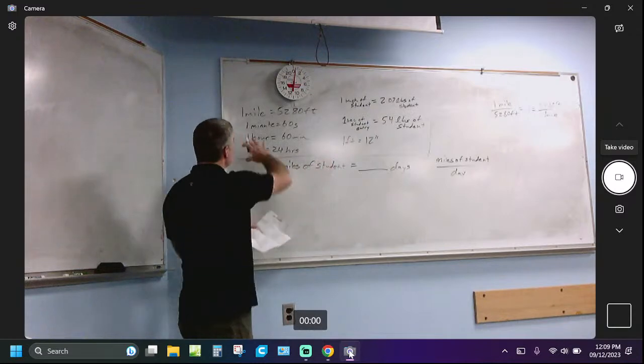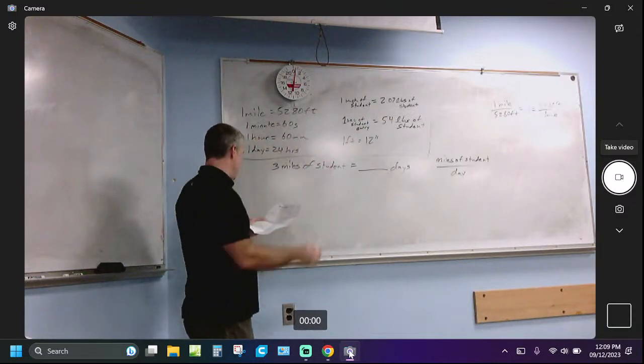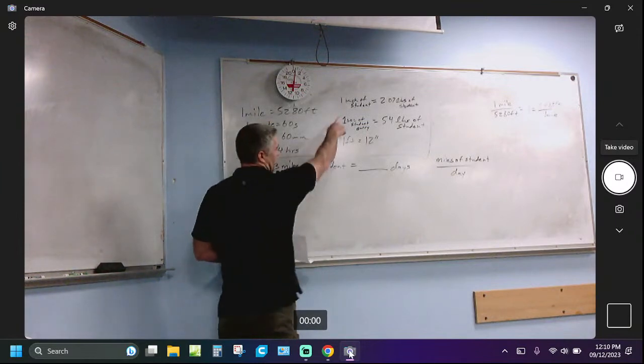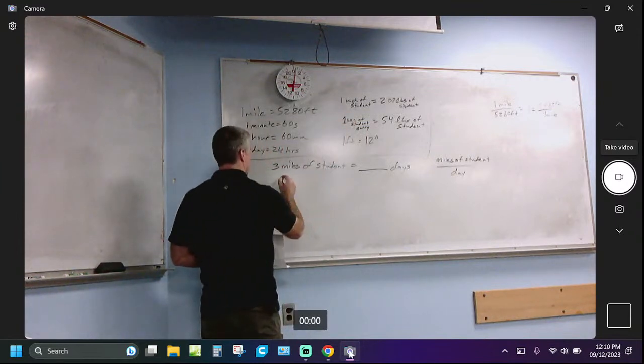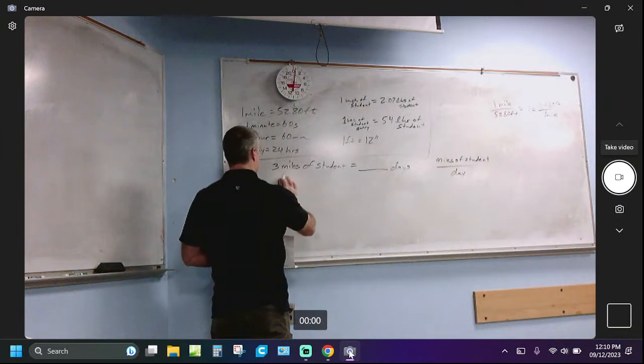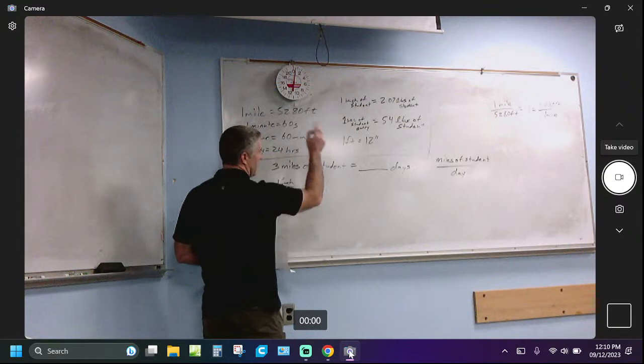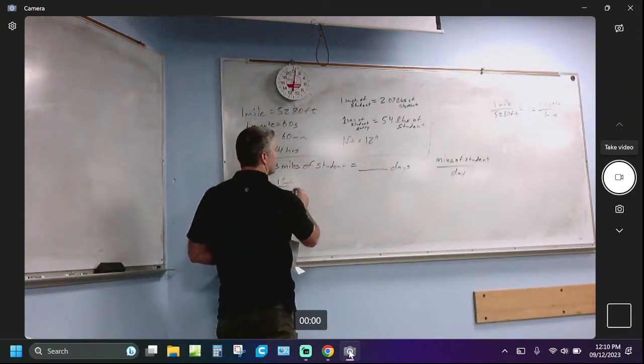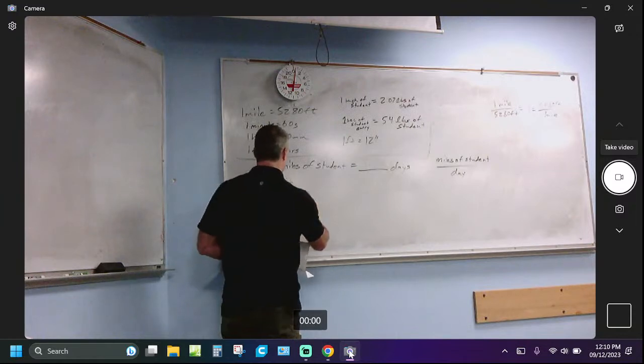So I decided to start with one of these things that was length and put it on top. So I started with this one, 1 inch of student. I'll write 1 inch. I'm just going to write 1 inch instead of the student thing. Divided by 2.07 pounds.